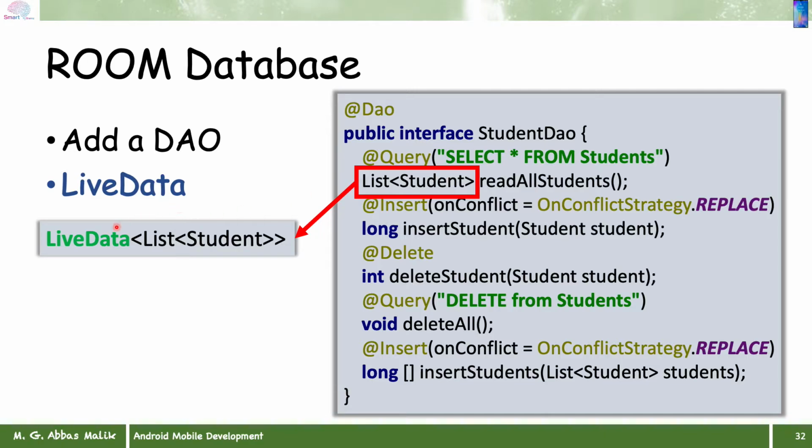But if it is a LiveData list of students that you are reading from the database, then whenever a new student is added inside the database, it will automatically report back to that LiveData that new data has been inserted, or even that the data has been changed. So it will update that information in the list, and the list is updated automatically. I will show you how this is done.